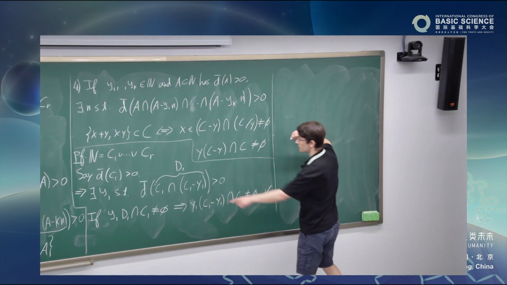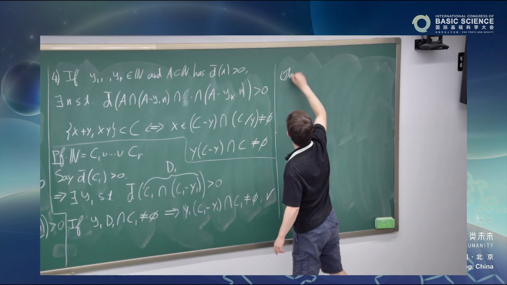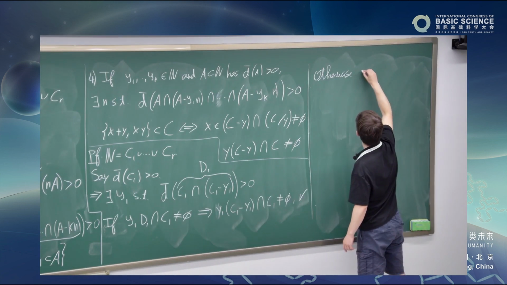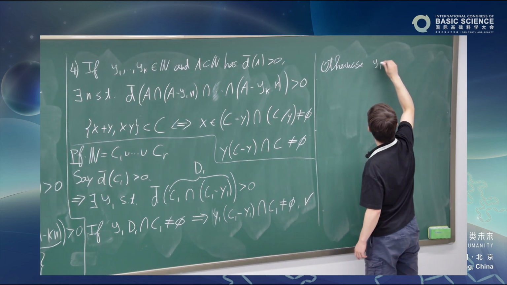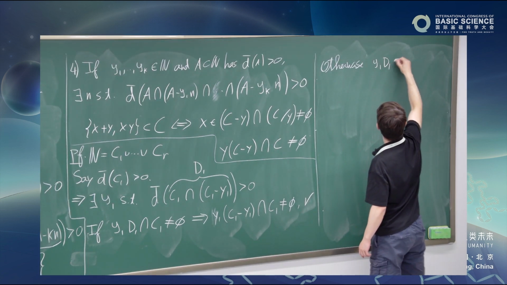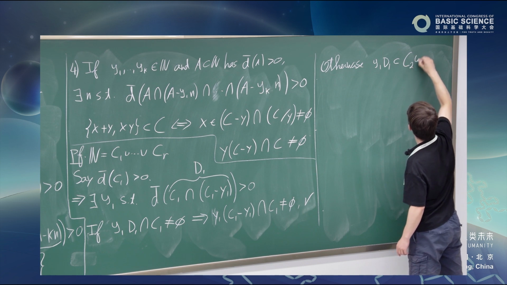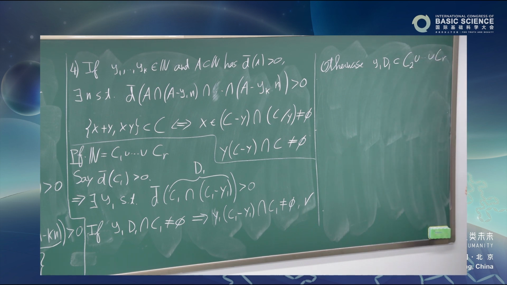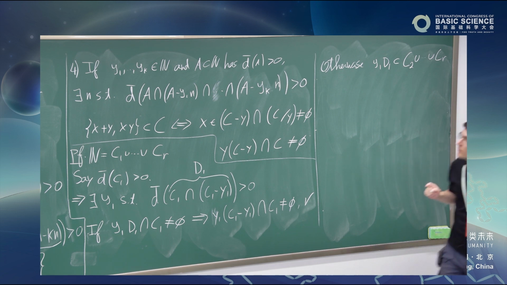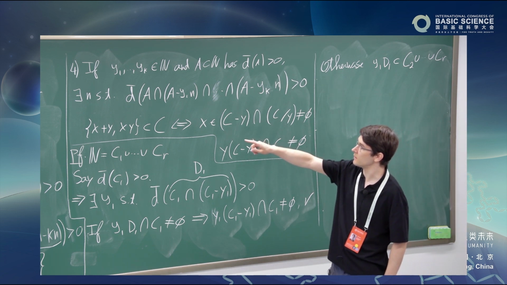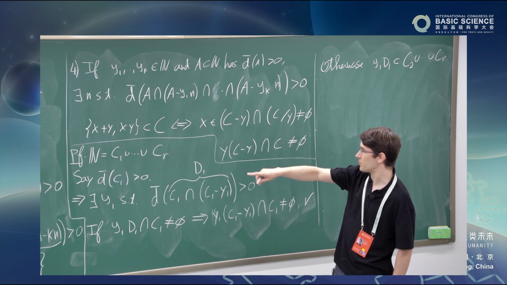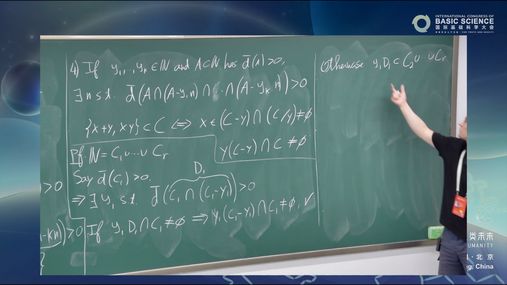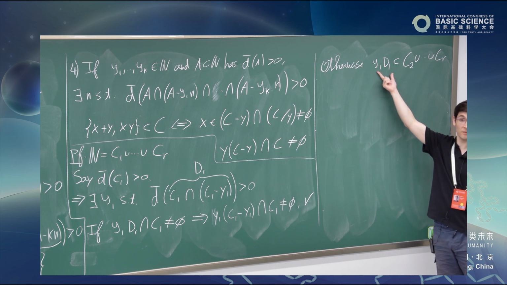So case 2, if that doesn't happen, then y1 times D1 is contained in the other colors, C2, C3, up to CR. So I lose one color. And now I will use my property, I think I'm using property 2 and property 1 together. Property 2 tells me this set has positive density.